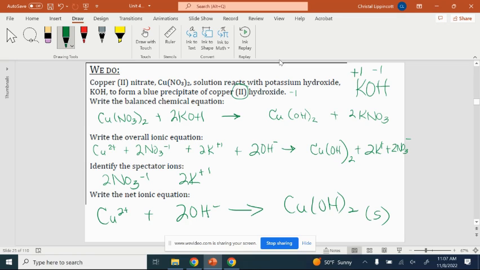Wait, so in the overall ionic equation, we don't need to include the state of matter? Unless you're forming something, you should. I just got lazy. So for this one, we have the CuOH2 solid, which we keep together because it's a precipitate, it's not aqueous.